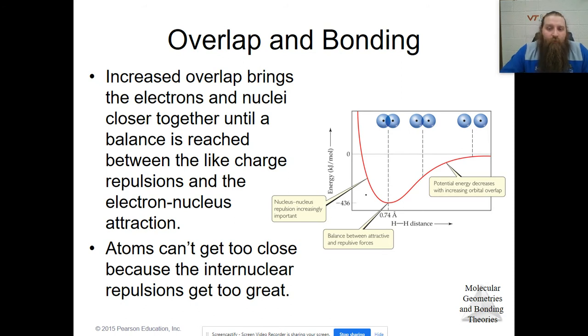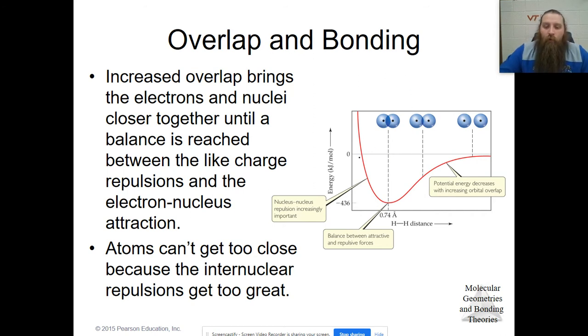Now, we can graph that out and try to determine the actual bond distance, because as the overlap increases, the electrons and the nuclei of two different atoms get closer and closer together, and we have that electrostatic attraction between nuclei and the electrons. But if they get too close, then that nuclei and that nuclei are going to repel each other, right? They're going to push away.